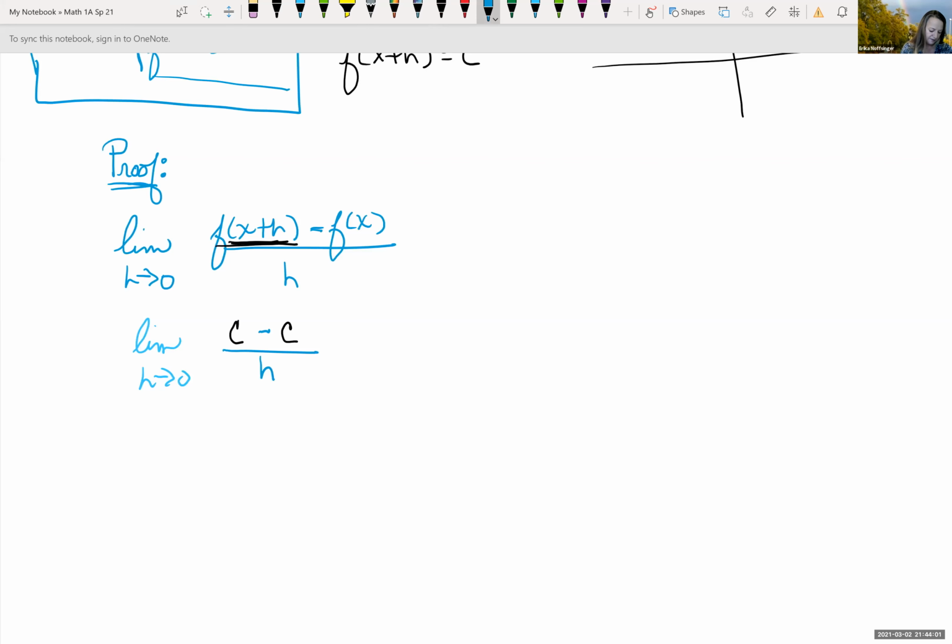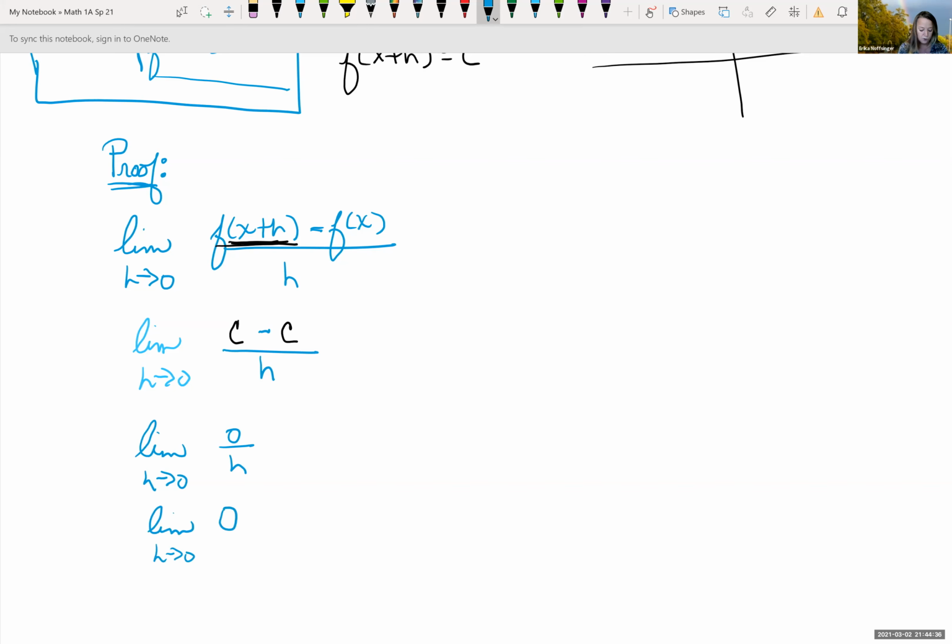So looking at this, I now have the limit as h goes to 0 of 0 over h. I would have a problem if I took the limit right now because I get that 0 over 0 form. That's an indeterminate. But I also know that h is getting closer and closer to 0, infinitesimally close to 0, but never really 0. And I also know that 0 over a number that's not 0 is 0. So I technically could rewrite this limit as h approaches 0 of 0, because 0 over h is just 0.